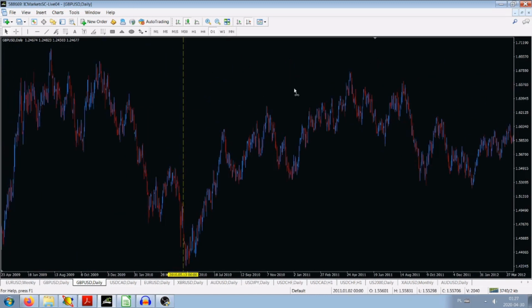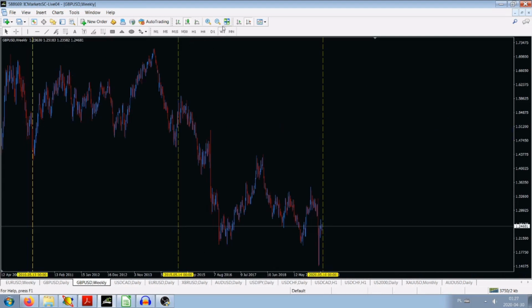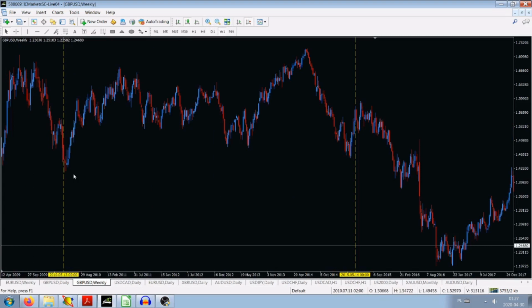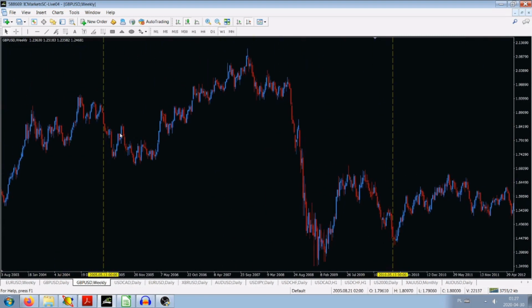If you look at this, it's over here. After all this decline of the market, it stopped right here on 13th of May, or 14th or 10th of May, whatever. So it was 2010. Let's go earlier. Here we go. 13th of May again, the market started falling.